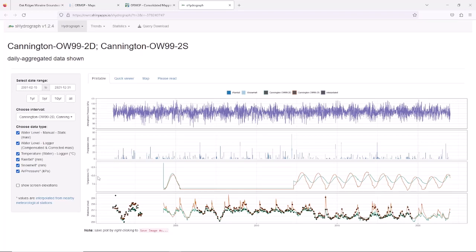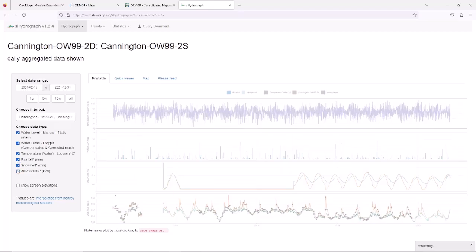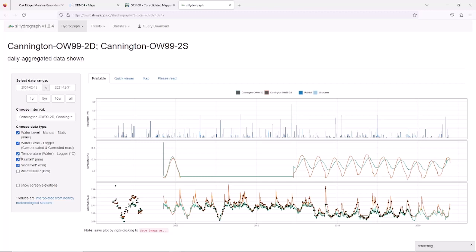We're also looking at temperature. Now this is temperature within the transducer, it's measuring groundwater temperature, and then the water levels shown below. So the first thing I'm going to do is clean this up a bit. I'm going to turn off air pressure, and I'm going to turn off temperature.